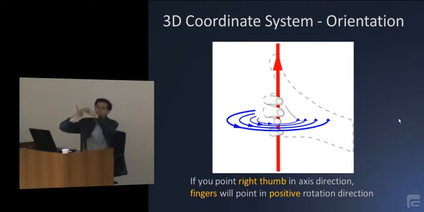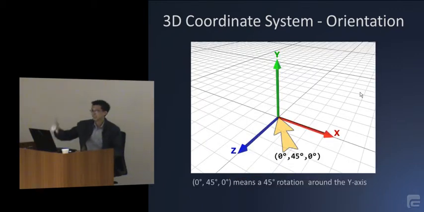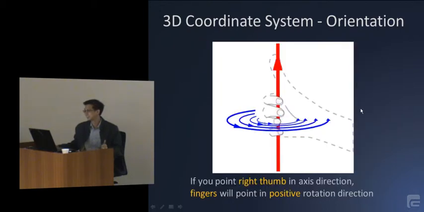The direction that your fingers are curling is the positive direction. So if you point your thumb up, your fingers are curling around this way. So 45 degrees will end up this way. If you want to go the other way, it's negative 45 degrees. So just by remembering these two rules, you should be able to orientate yourself.